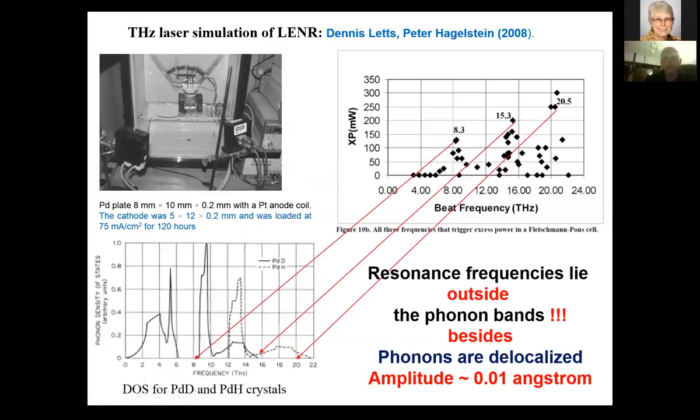For instance, in this experiment by Letts and Hagelstein, they demonstrated that you can somehow facilitate the reaction by applying terahertz laser frequencies. And these terahertz frequencies actually lie very near the phonon bands. So it is some coincidence, some resonance with the LAV frequencies, to my mind.